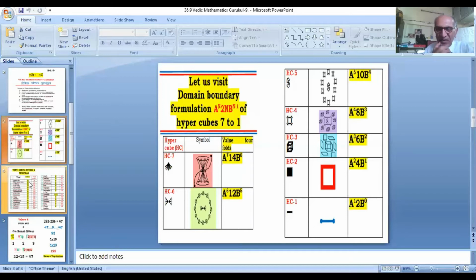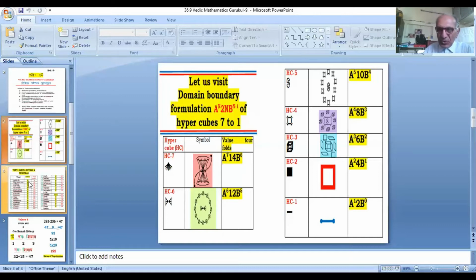It is this value of domain within boundary which, in respect of an interval, takes us to the domain as length, of expression a raised to power 1, and the pair of endpoints as a boundary of this line takes us to the value 2b raised to power 0.